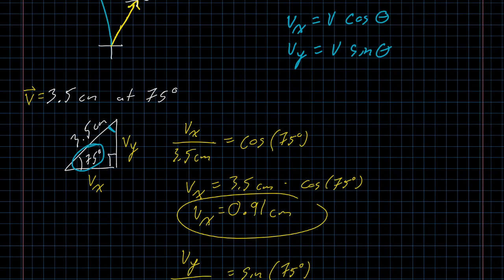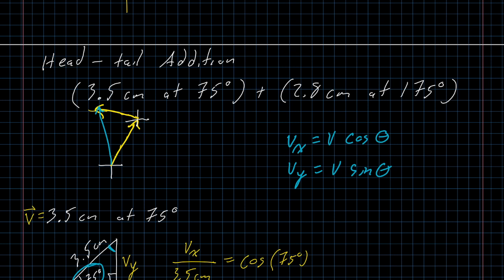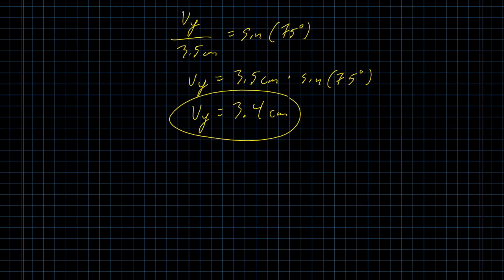Whoops, that's not where I want to go. I wanted to scroll up here. So I figured out that one angle, 3.5 centimeters at 75 degrees. So one way we can write this whole thing together, when you have a vector given as components, a lot of times you'll see this angle bracket notation.